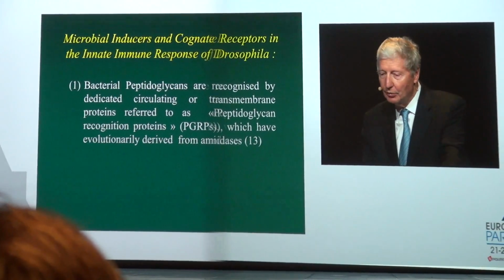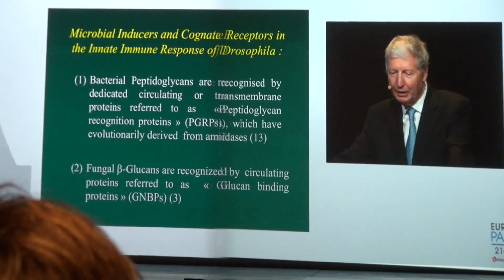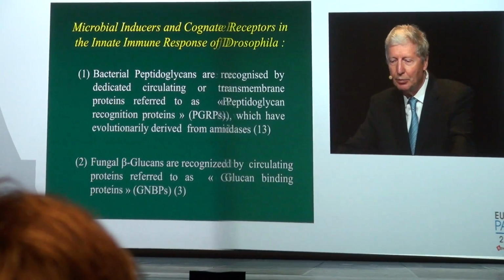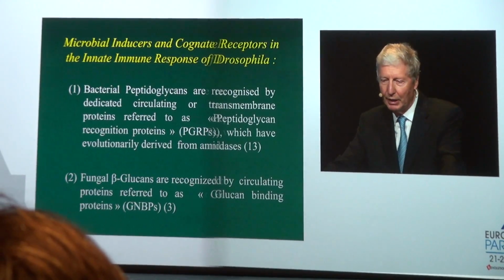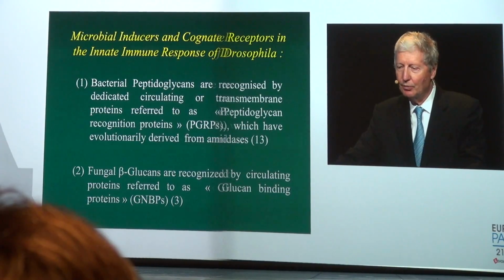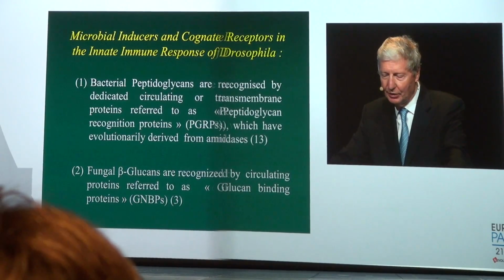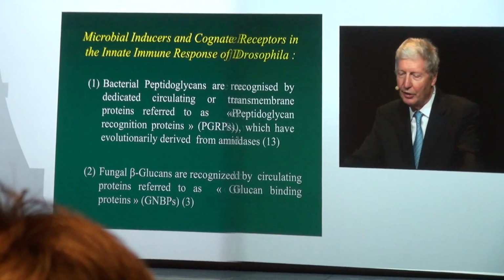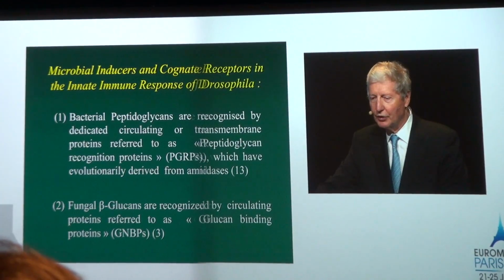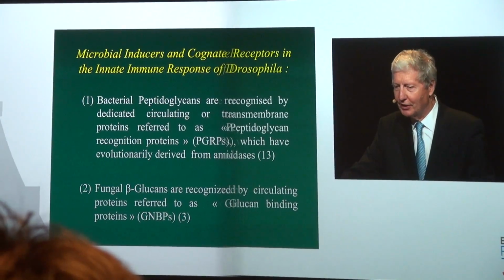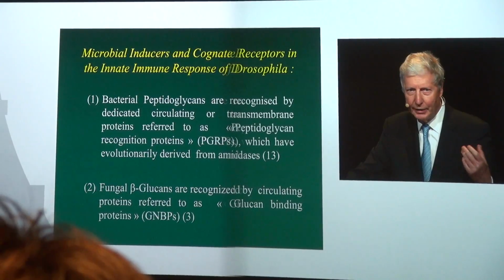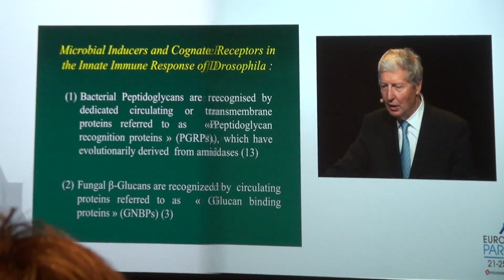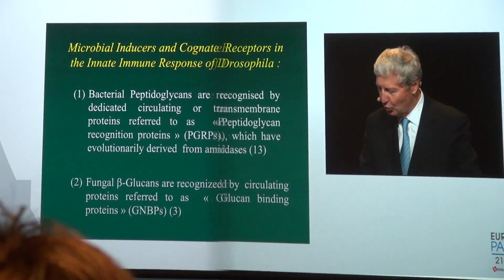And the second point is that fungal beta-glucans, which are present in all fungi, are recognized by circulating proteins referred to as glucan-binding proteins, GNBPs. I should mention that there are 13 PGRPs in the fly and 3 GNBPs again in the fly. And I should also mention that our contribution here was through mutagenesis screens to identify genes, and many structural studies have since been done by other colleagues in which we had not been involved.